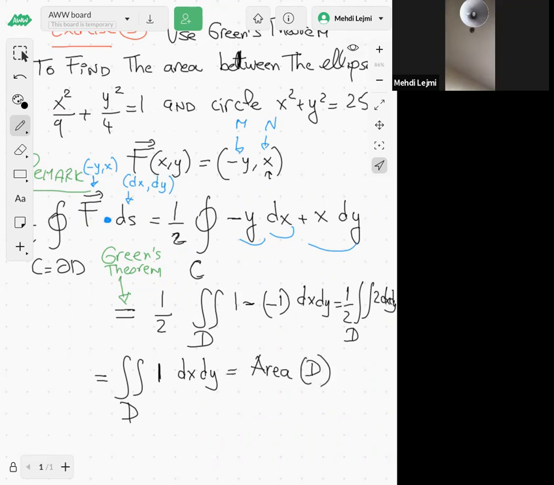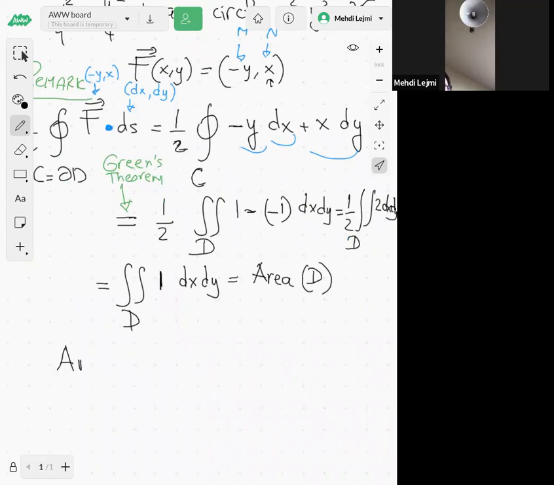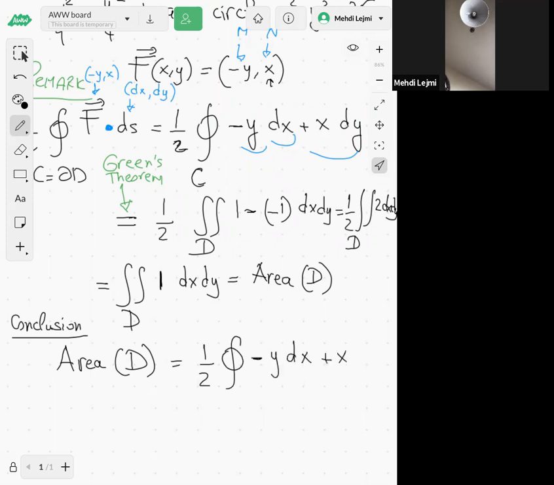Okay. So again, what we are saying is that if you want to use Green's theorem, you can say that the area of D is equal to half of the vector line integral of minus y dx plus x dy.